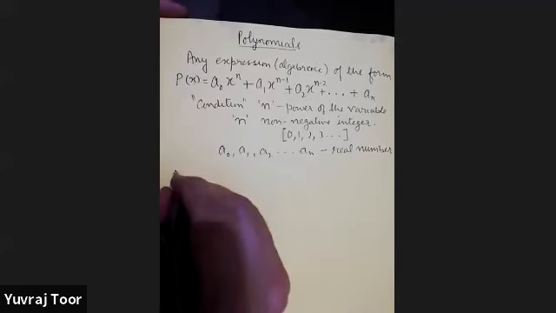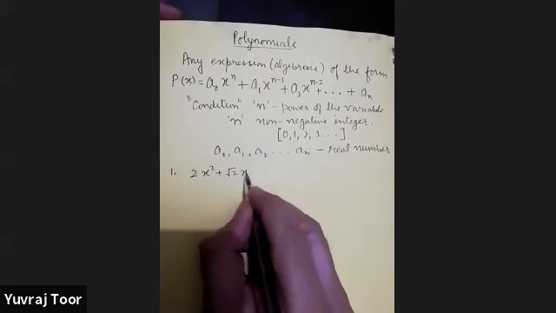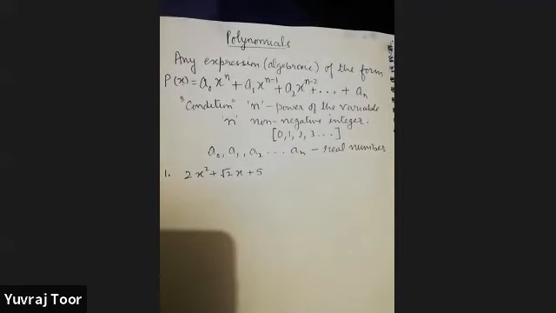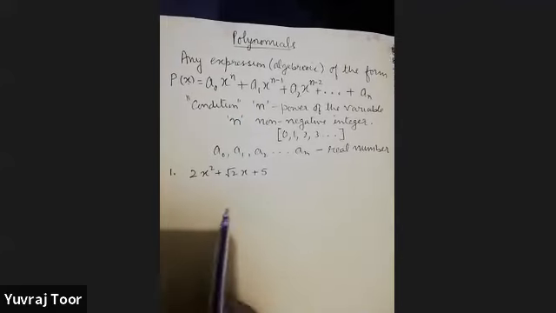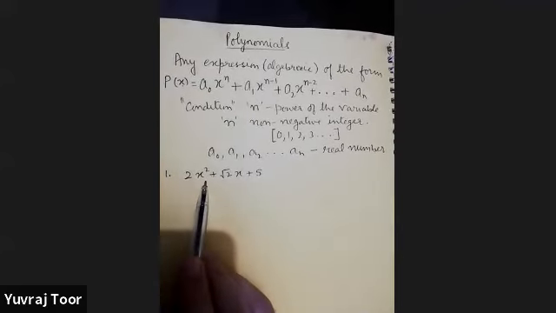So the first question comes, 2x squared plus root 2x plus 5. When you look in for the expression and you want to verify whether it is a polynomial or not, you will go by term. This is the first term. If you look at the coefficient, before coefficient, you should look for the powers of the variable.